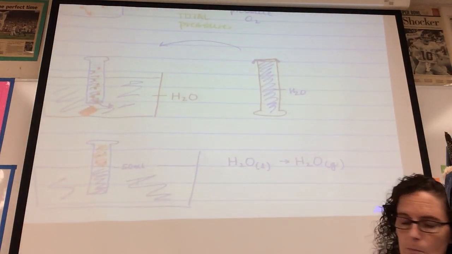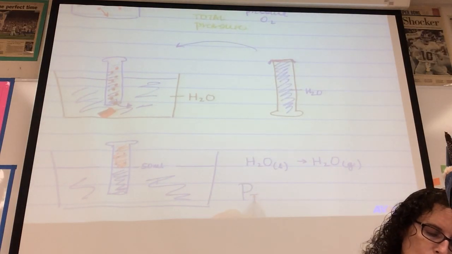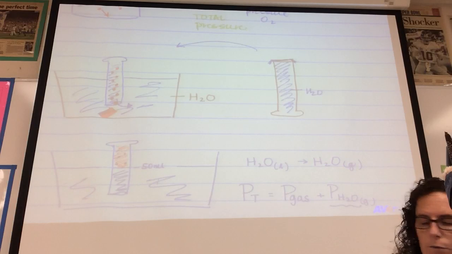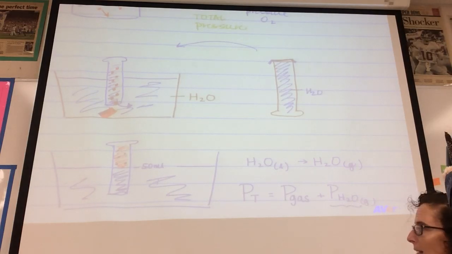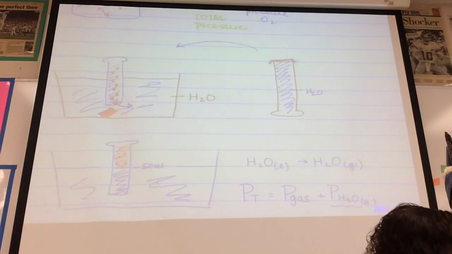So keeping that in mind, the total pressure will be equal to the pressure of the gas you collected plus the pressure of the water vapor. Now the pressure of the water vapor is temperature dependent, and you saw that in the previous lab, although it probably didn't quite come together for you.